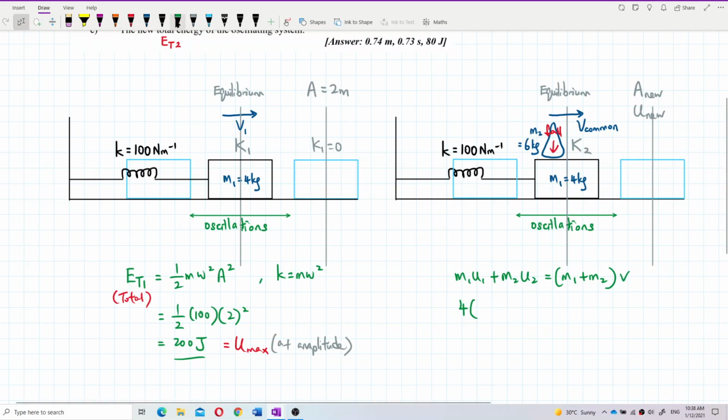So we can say over here, at this amplitude, no kinetic energy. All the total energy here becomes the potential energy, which is 200 joule. Okay, understand?